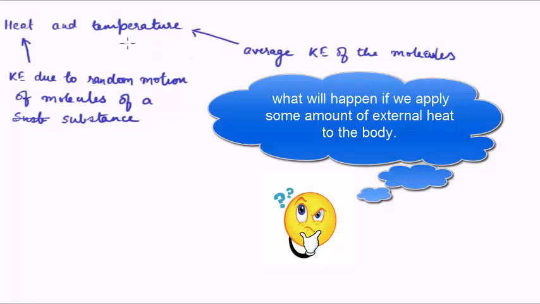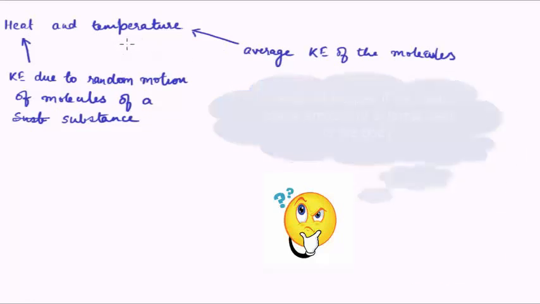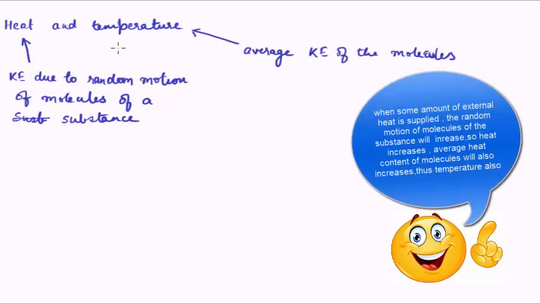As a result, the temperature of the body will increase. So you supply heat energy, you raise the temperature. You take away heat from the substance, the temperature goes down. Okay, so this is the holistic picture about heat and temperature.